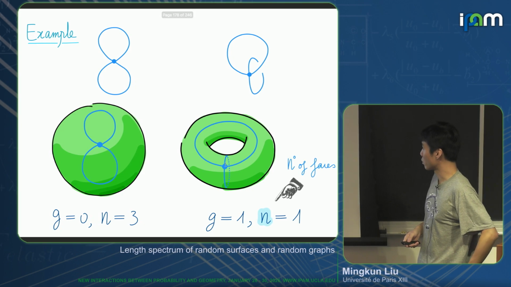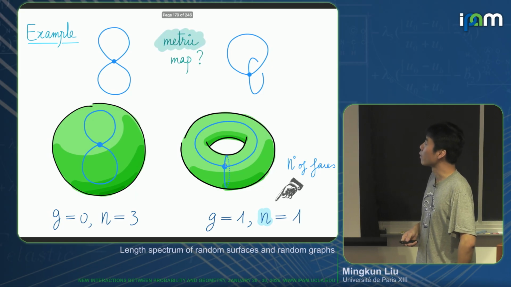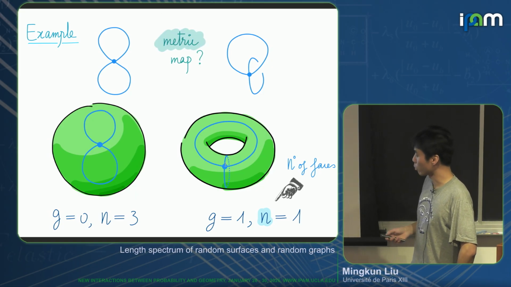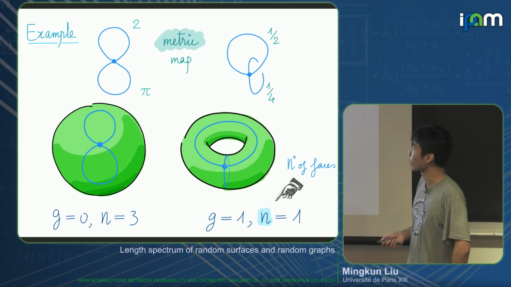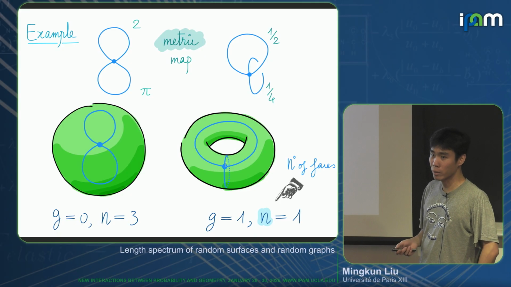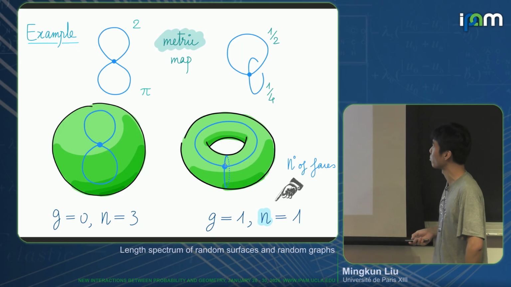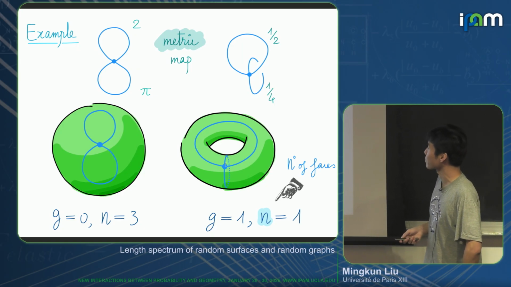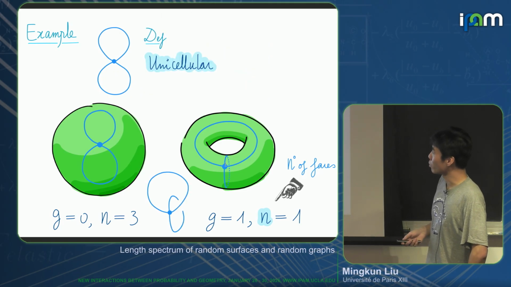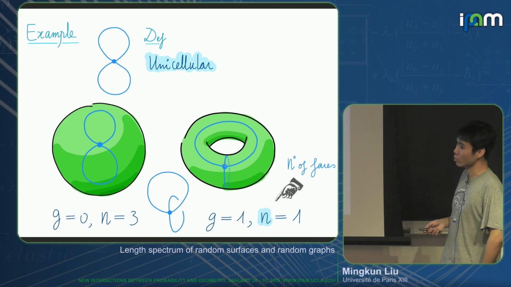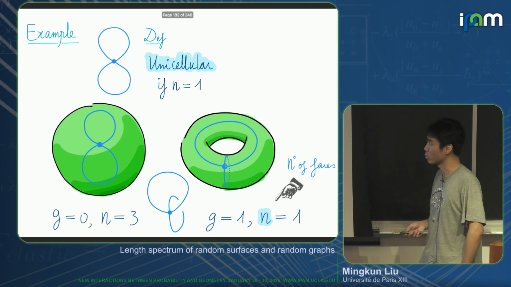So n will just be from now on the number of faces, and our maps will literally be metric, meaning that the length of each edge is not necessarily 1, but it can be any positive real number, like 1/2 or pi. There is a very simple and fundamental family of maps called unicellular maps, which are maps with only one face.